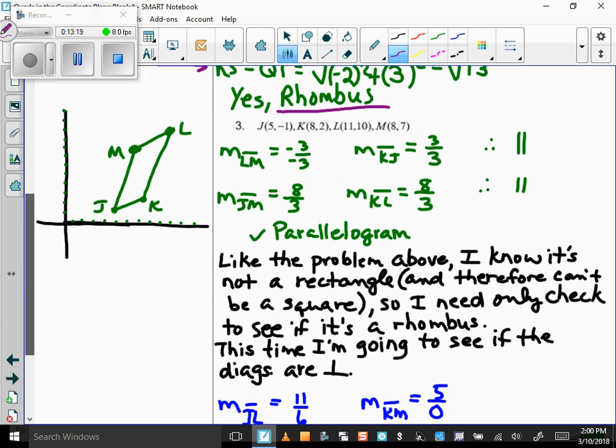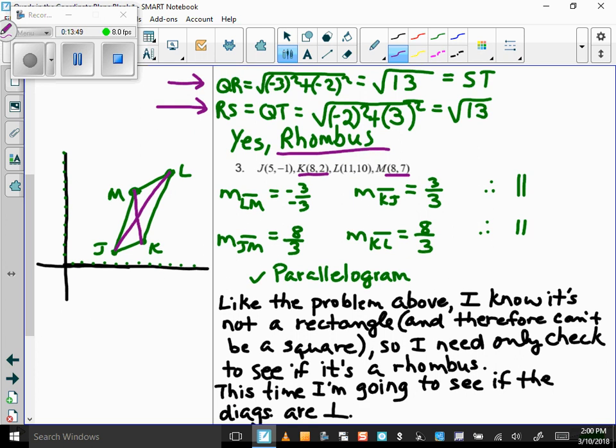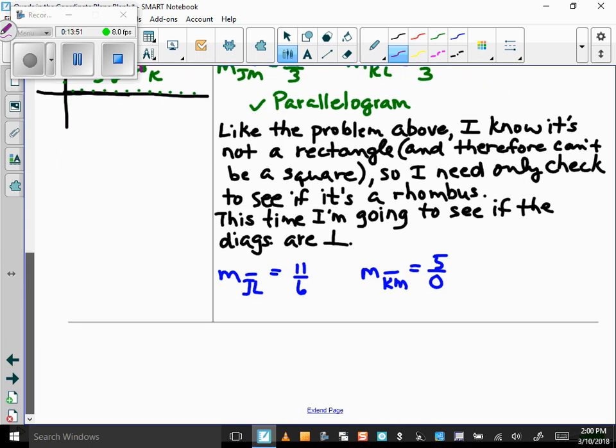So I take my diagonals, JL and MK, and if I had made a better drawing, if you look at point M and point K, they have the same X value, right? So when I think about slope, I would have realized that this is a vertical line, and I found this out when I plugged it in for slope right here.